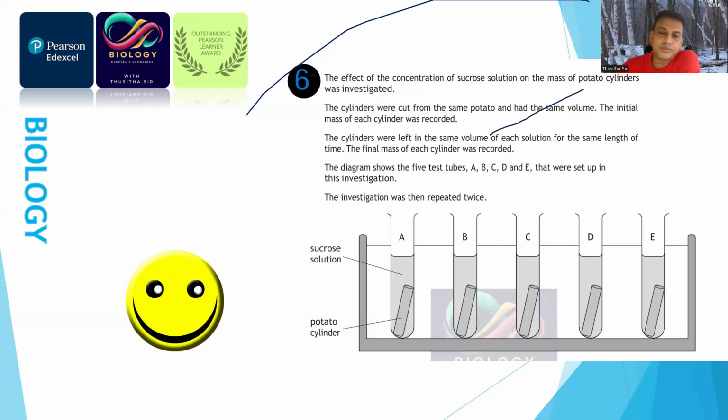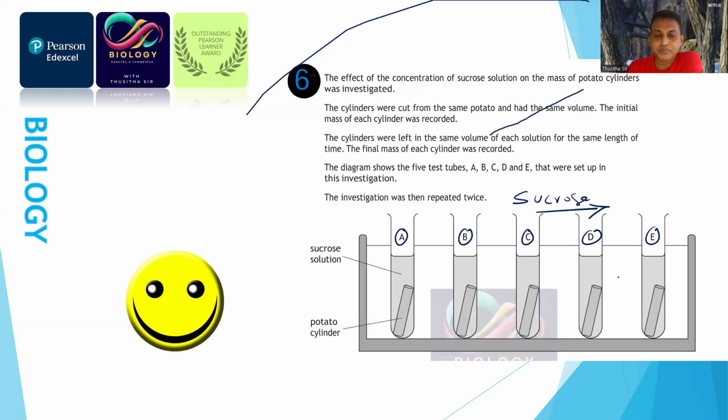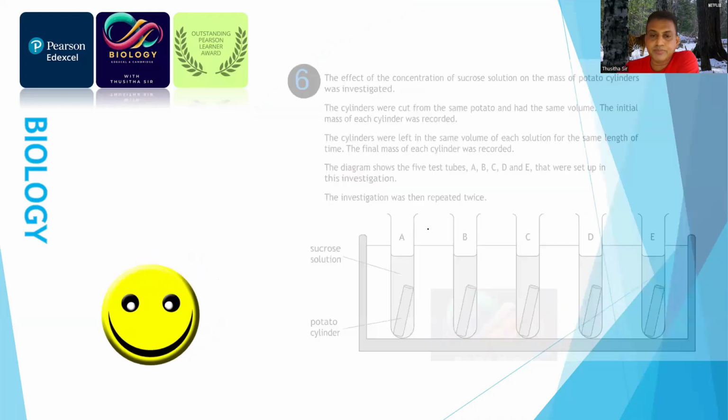So here is tube number A, tube number B, tube number C, tube number D, tube number E. So the sucrose concentration is increasing across the test tubes, and the results are given here.